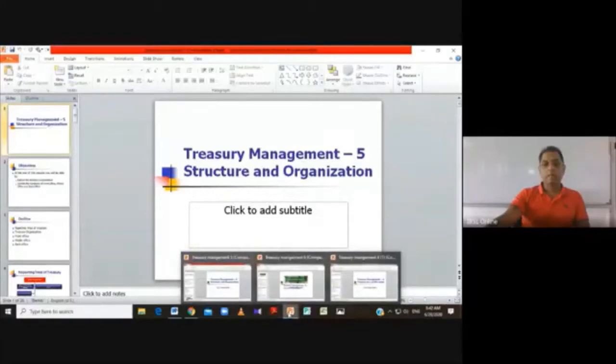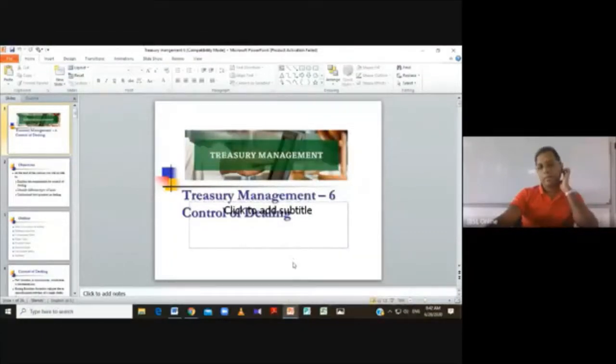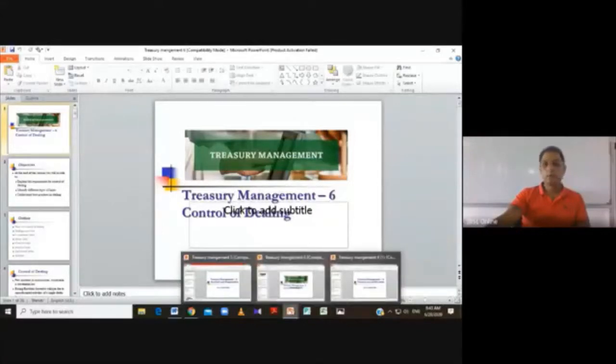Those two areas are more or less connected. And the last area is control of dealing. Ruchir was just telling me he was in the audit function, so this is more relevant to people like that: why we control and how we control the risks that a treasury function would have, internal and external.